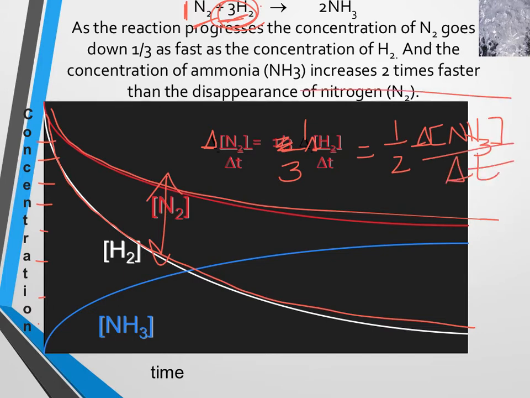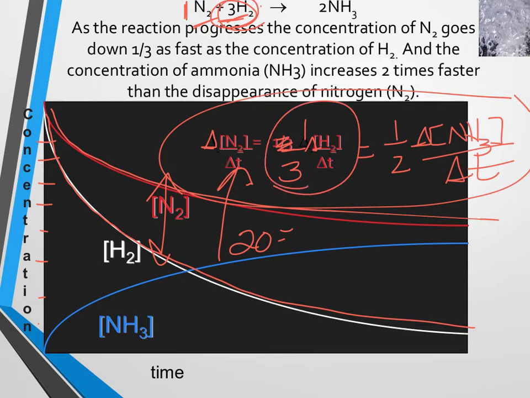Okay, so that's a generic. So if I gave you, for example, a number and said the rate at which nitrogen decreases is 20, whatever, units, what would the rate with respect to hydrogen be?